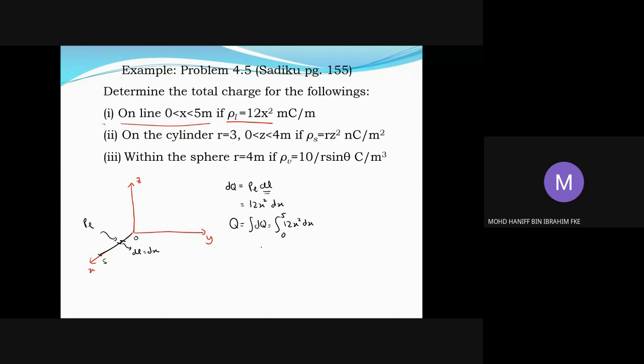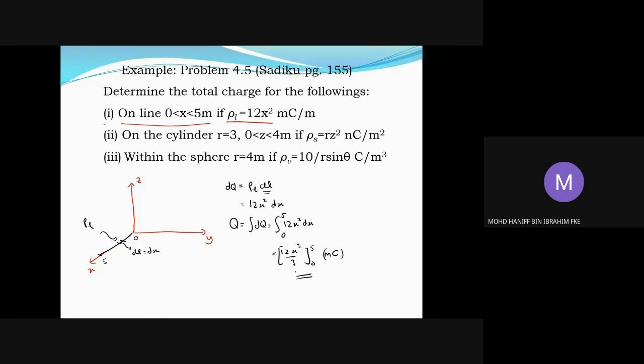So we can have it as 12 times x to the power of 3 divided by 3, with limits from 0 to 5. Please substitute the values of 0 and 5 for x, and you will end up with the charge amount Q in units of millicoulomb.